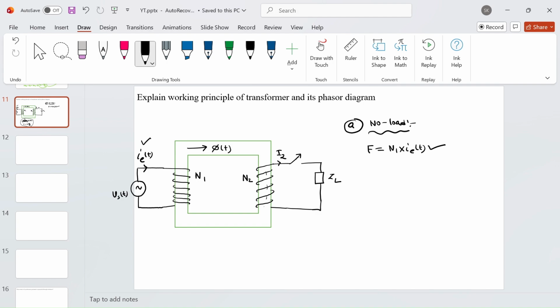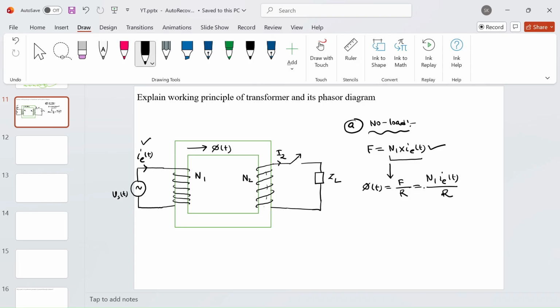Now the moment you have this MMF with you, and you also have a core that has reluctance, this MMF will produce a flux in the core. That flux phi of t will be MMF by reluctance, so N1 I of t by reluctance.